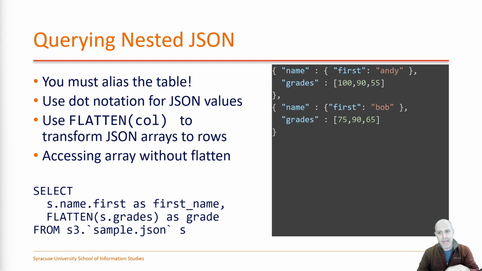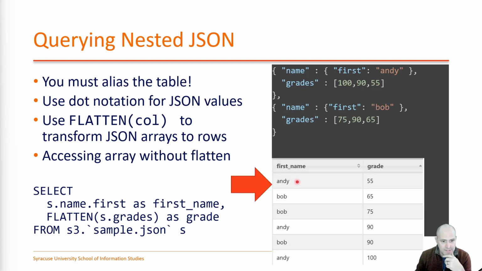But if you look at what we have here, and you want to take this value here, Andy, and then have a row for each of these grades. When you do the flatten, it will produce this, which has Andy 55, and then Andy 90, and then Andy 100. It produces a row for each grade. Only going to work if you alias the table, though.